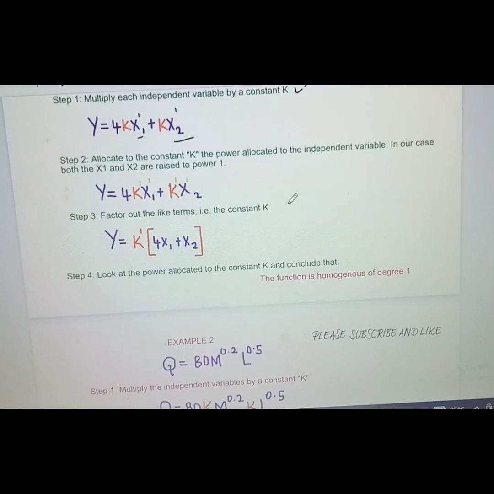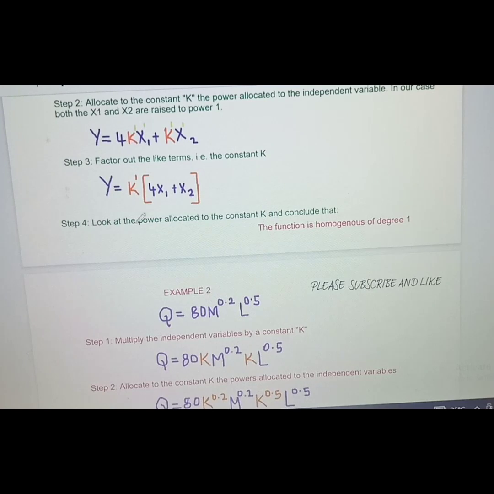Step number 3, you're supposed to factor out the like terms, that is the constant k, because we have two like terms. When you factor it out, you're going to have y is equal to k raised to power 1, then in brackets 4x1 plus x2.